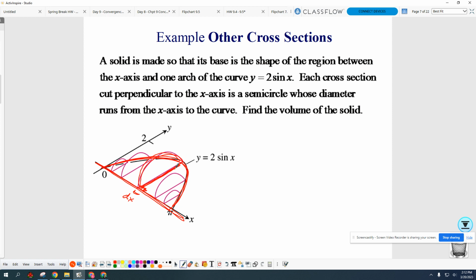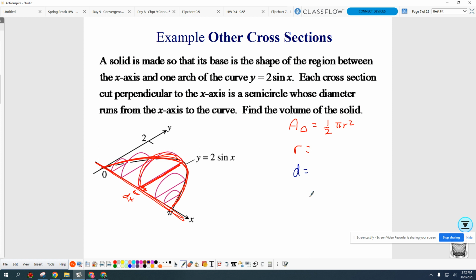So what shape am I finding the area for? Semicircle. So what's the area for a semicircle? Pi r squared over 2. Do I know the radius? I know the diameter. Okay, what's the diameter, as an equation?